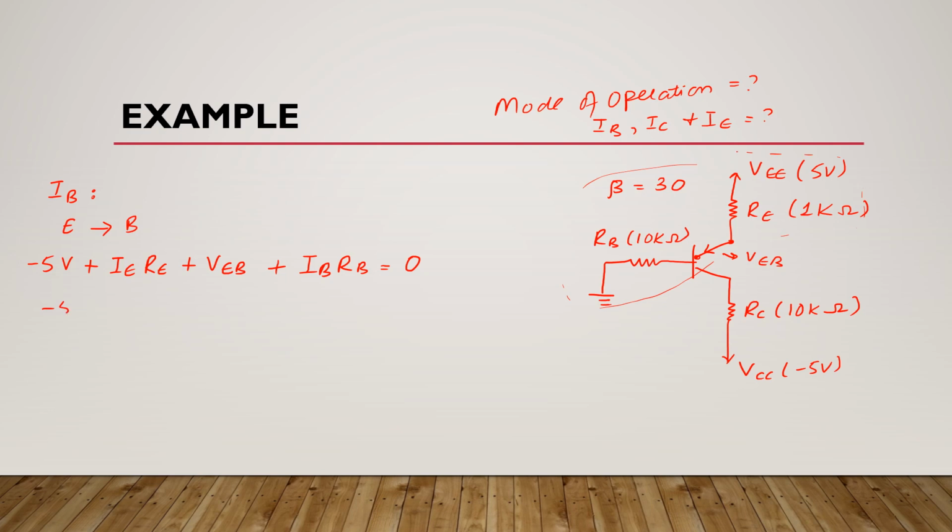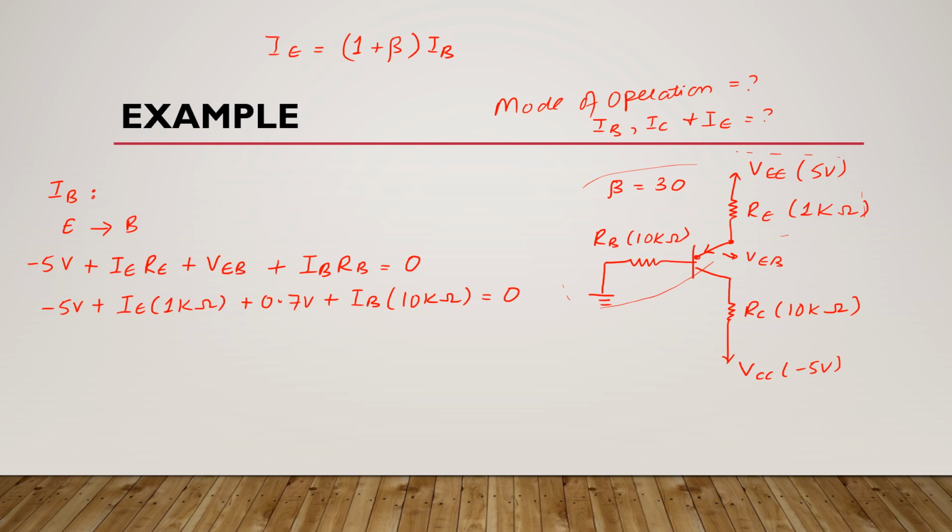Here we know that IE is unknown and RE is 1 kilo ohms, VEB is 0.7 volts, IB is unknown and RB is 10 kilo ohms, is equal to 0. Okay, now we know that IE is equal to 1 plus beta IB. We derived this equation in our previous lectures.